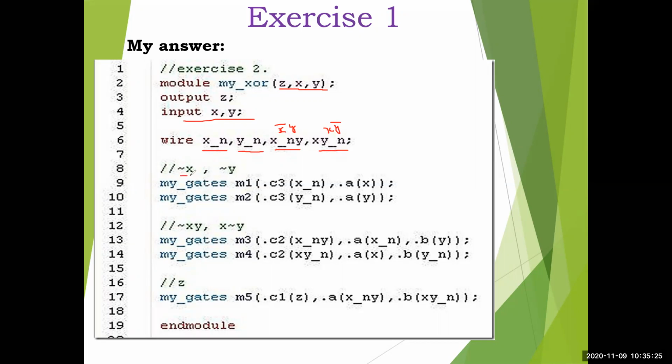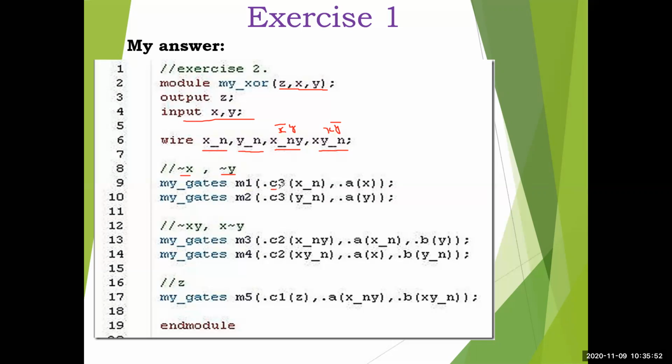So first I'm implementing the NOT gates, my gates. From my gates, now I am using connection by name, right? Connecting by name I have used, because in my gates I have three gates, right? That's why I have called M1, M2. So dot C3, C3 is the output there implementing the NOT gate. x underscore n is the output.